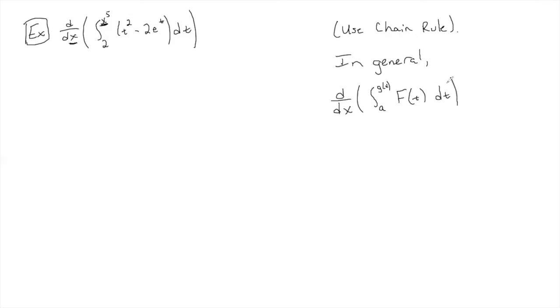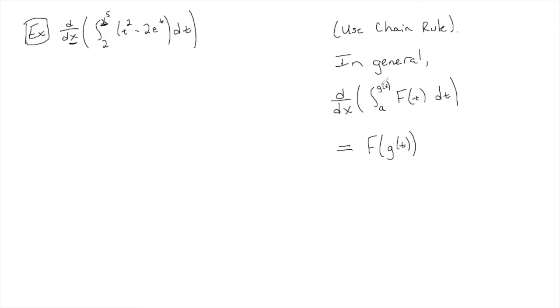This is very similar to how the fundamental theorem was written before, except there's not just an x in the upper bound, it's a g of x. How do I deal with that? Well, I still take the top bound and I plug it in for t. I get f of g of x. So in this example, I would take the x to the 5th and plug it in for t.